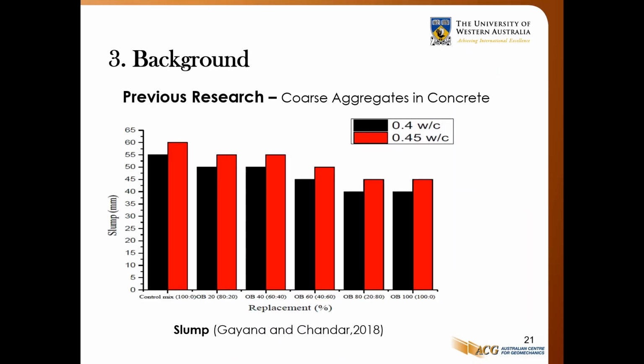However, we can see the slump decreased due to the use of the waste rock. So this could be an issue if we use the waste rock in the shotcrete, an issue of the workability of the shotcrete.